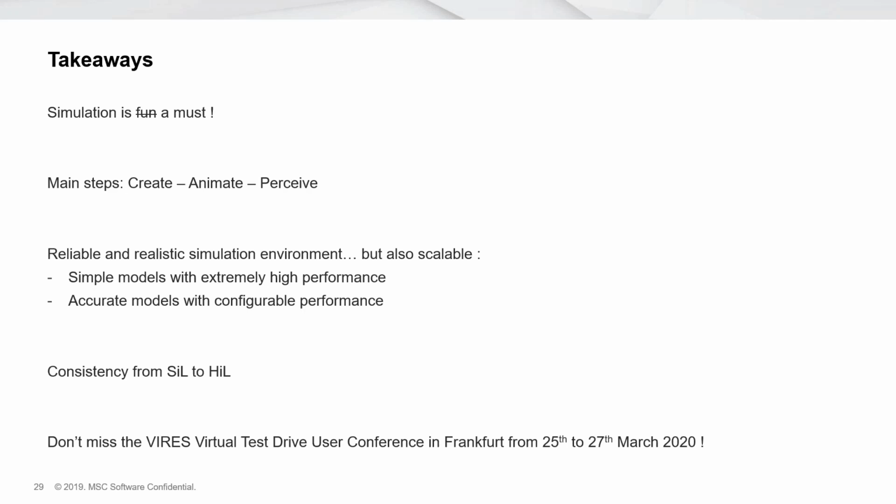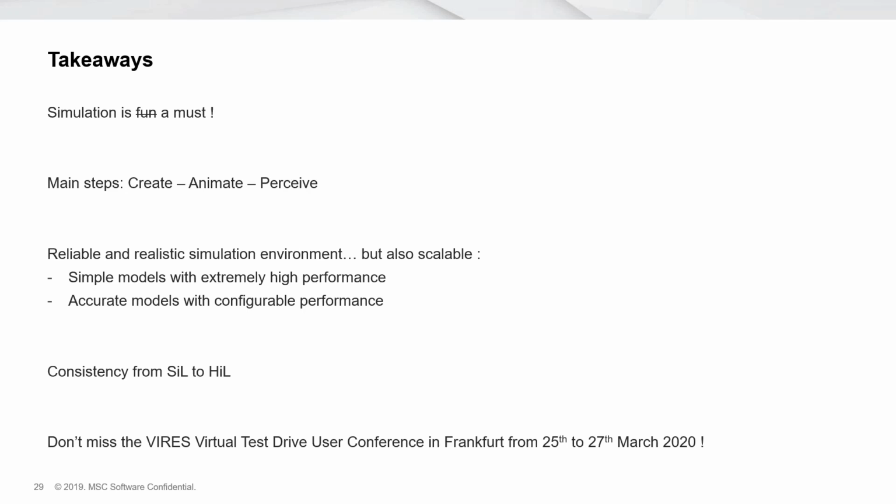First of all, of course, you may all know that simulation is definitely needed for the validation of autonomous driving systems. This simulation platform should allow you to easily create, animate, and perceive the desired environment. And for all these three steps, you need reliable and realistic models.